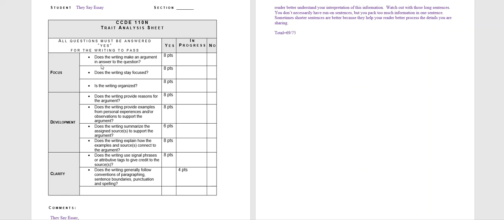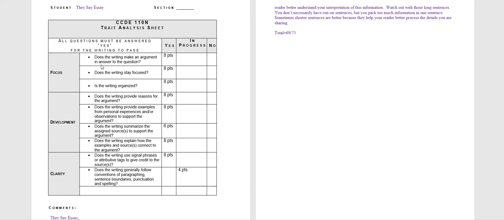And then finally, talk about how the writer makes sure that each paragraph is focused on one idea. So in each paragraph, do you see the writer being focused on the idea that they're discussing? And how does the writer make sure they do that?